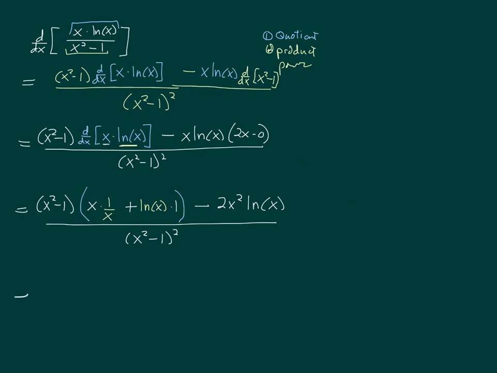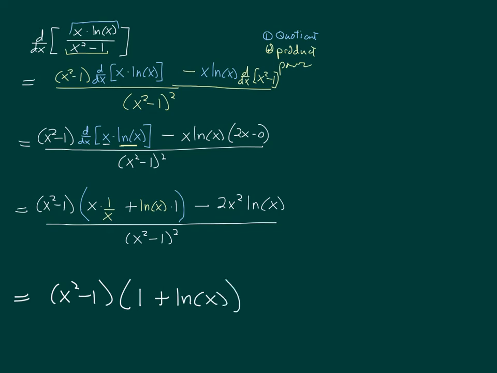As ugly as it may seem, here's what our final answer looks like. Not completely simplified, but simplified a little. x squared minus 1. Our blue derivative here simplifies a little bit. x times 1 over x we can just write as 1. And natural log of x times 1 is the natural log of x.